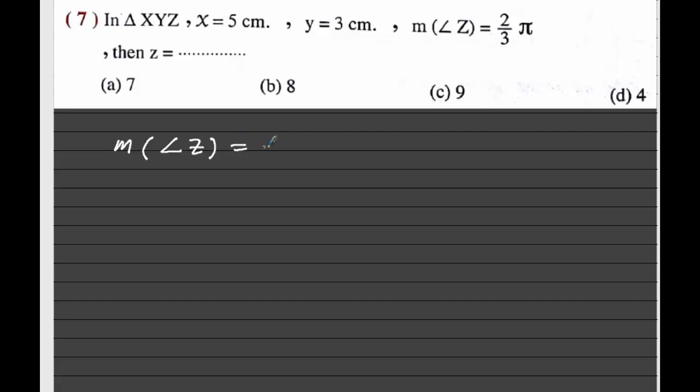It is equal to 2/3 pi, which equals 2/3 multiply 180. Substitute pi by 180. It is equal, divide 3 equals 1, divide 3 equals 60, and 60 multiply 2 equals 120 degrees. So we have obtuse angled triangle.